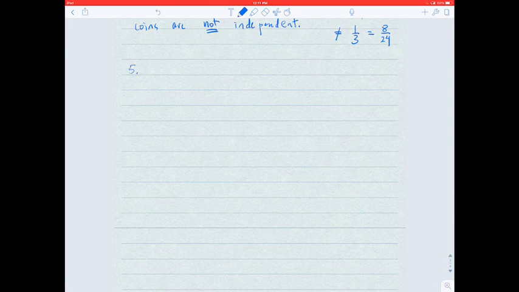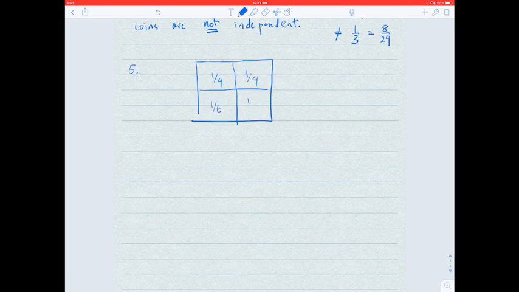Question 5, I'm going to copy this table so I don't have to keep scrolling up and down. So this table again is 1/4, 1/4, 1/6, 1/3, coin 2 equals heads, coin 2 equals tails, coin 1 equals heads, coin 2 equals tails.